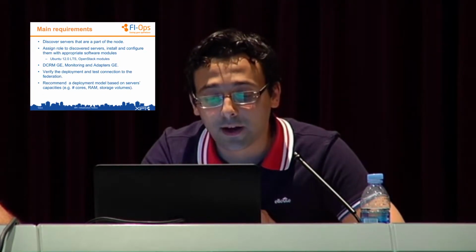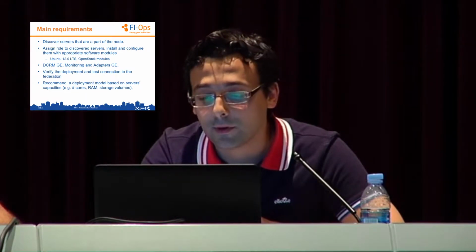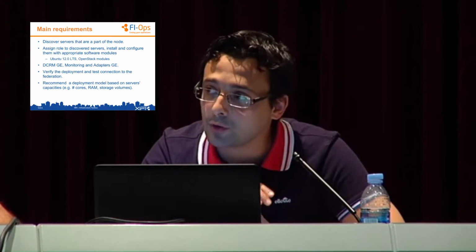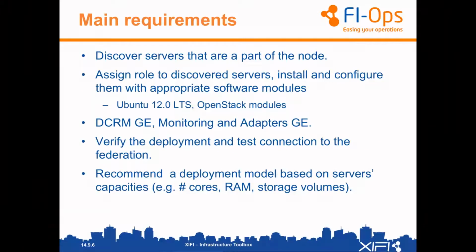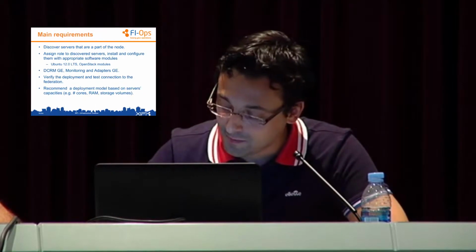Install the DCRM generic enabler and some monitoring generic enablers. Verify the deployment and test the connection to the federation. Finally, recommend the deployment model based on service capacities. These are the main requirements.